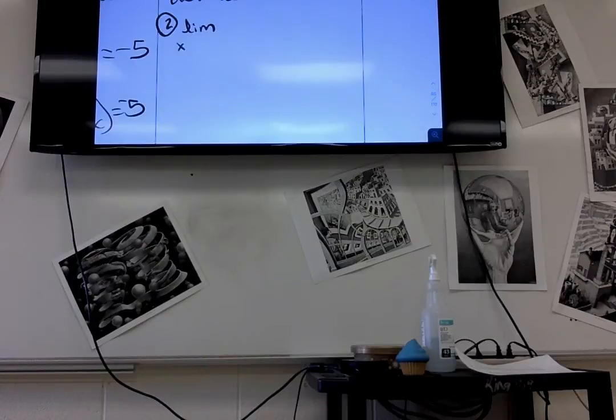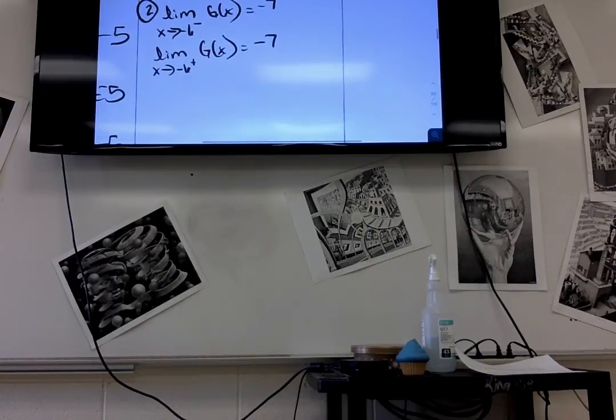What about the limits as x approaches -6 from the left and from the right? -7. Also -7. Yeah, it's the same thing. So that means that the limit as x approaches -6 is also -7. Woohoo, they do equal each other.